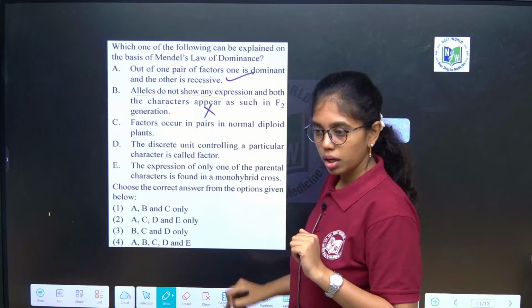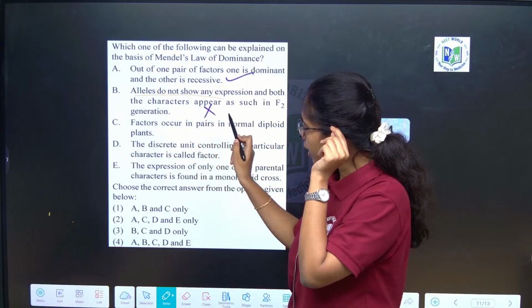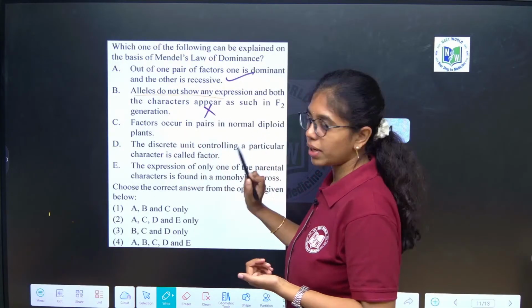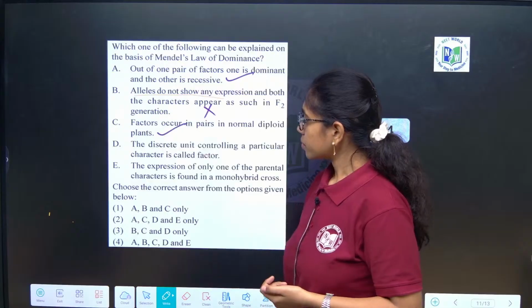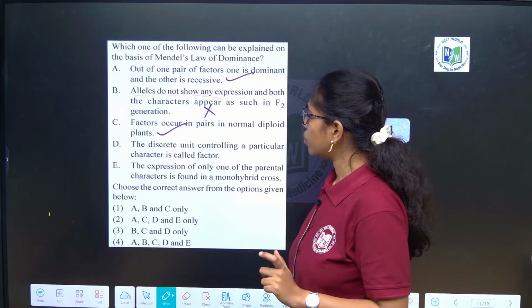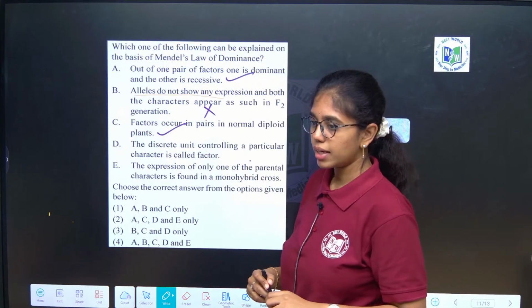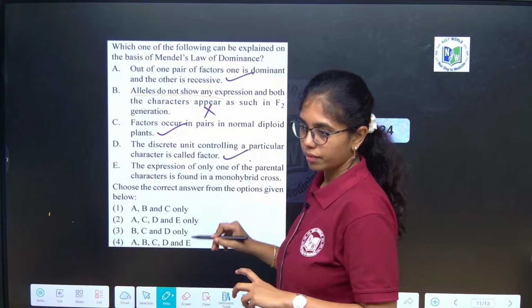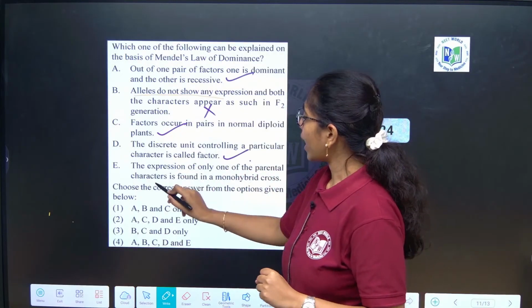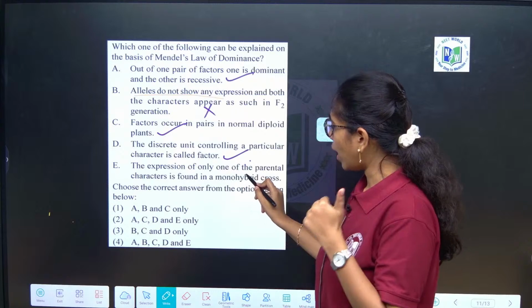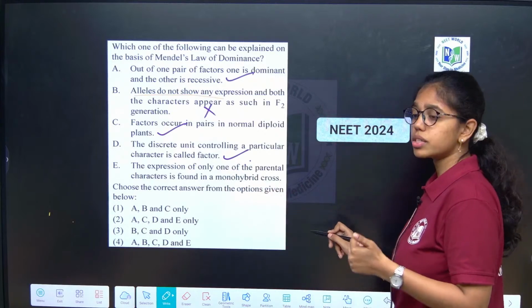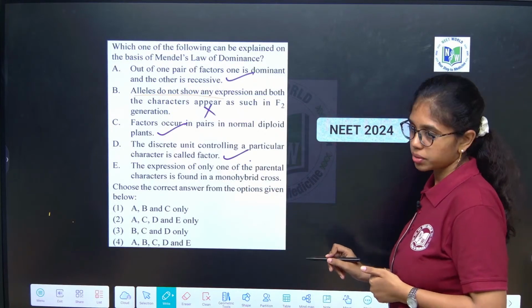So, this is wrong. Next, factors occur in pairs, true, right, in normal dihybrid plants. The discrete unit controlling a particular character is called what? Factor. Correct only, no? Next, the expression of only one of the parental characters is found in the monohybrid cross. Correct, right?